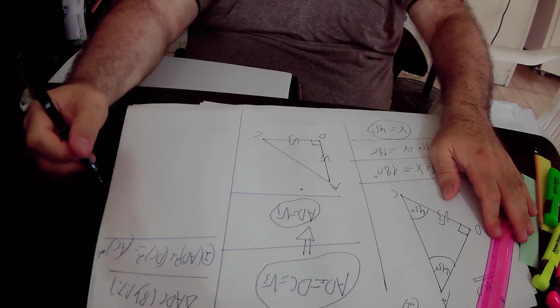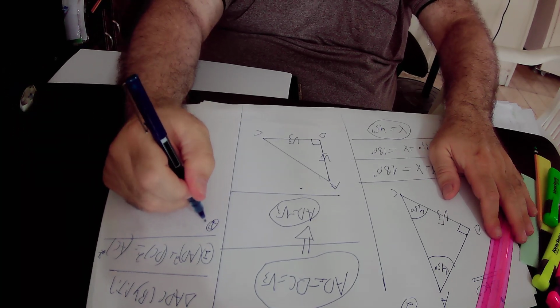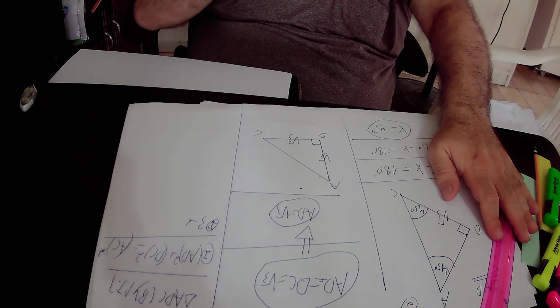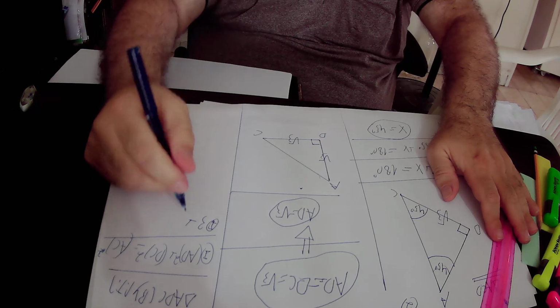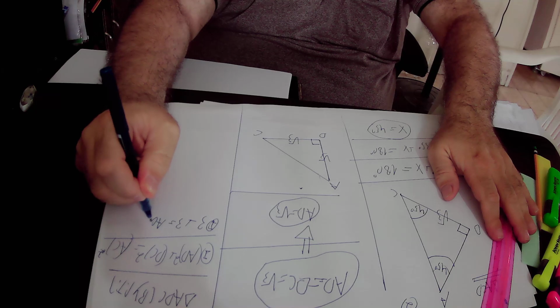Here AD equals square root of 3, therefore AD squared is 3, plus DC also equals square root of 3, therefore DC squared is also 3, and it is equal to AC squared.